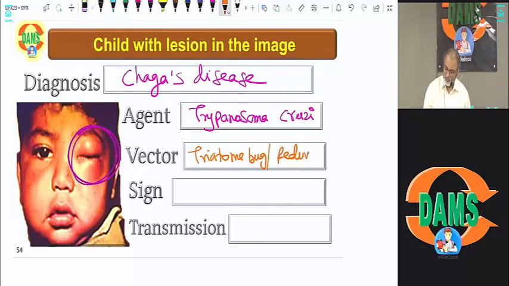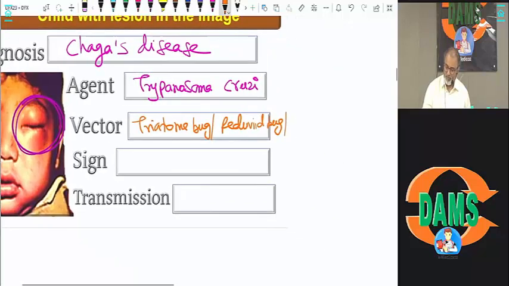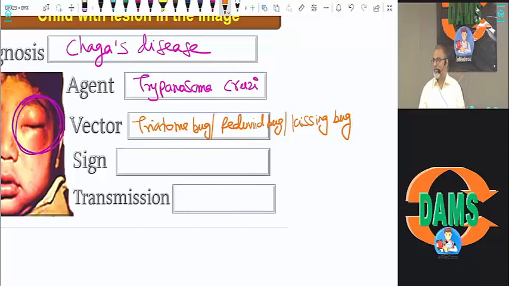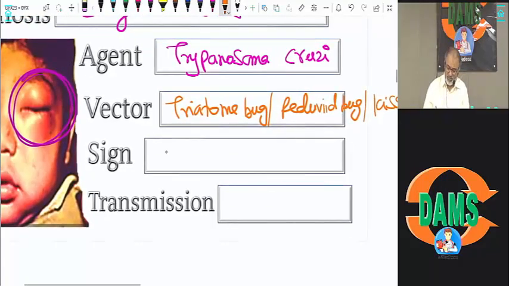What is the very common name? Kissing bug. There are other names, like cone nose bug, assassin bug. No need to remember, these three are sufficient. What is the name of the sign? Just now you told. Romana's sign.